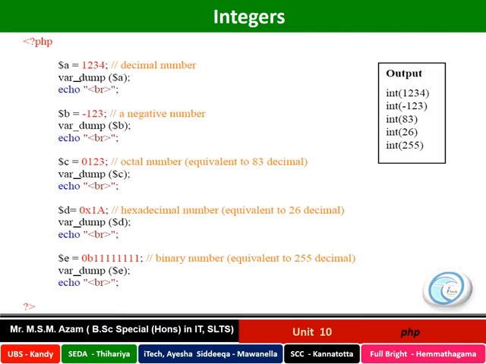When you assign the binary value of eight ones to variable e, that is equivalent to the decimal value 255. So when you type var_dump $e, it returns the data type of the variable e as integer and the value of the variable as 255.